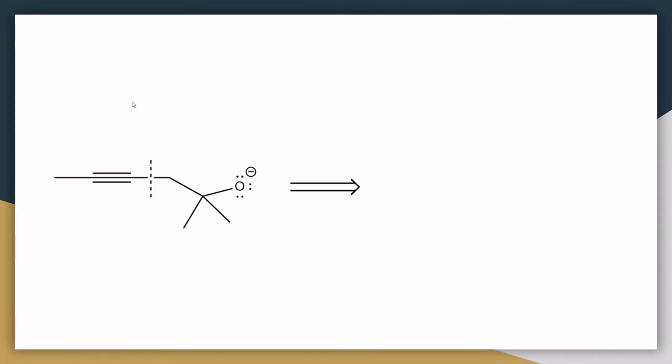The triple bonded carbon is sp hybridized, and the other carbon is sp3 hybridized. If we put the electrons onto the sp3 hybridized carbon, that will actually increase the energy of the electrons, and we don't want that happening. So we put the electrons onto the sp hybridized carbon, and that will generate our synthons.